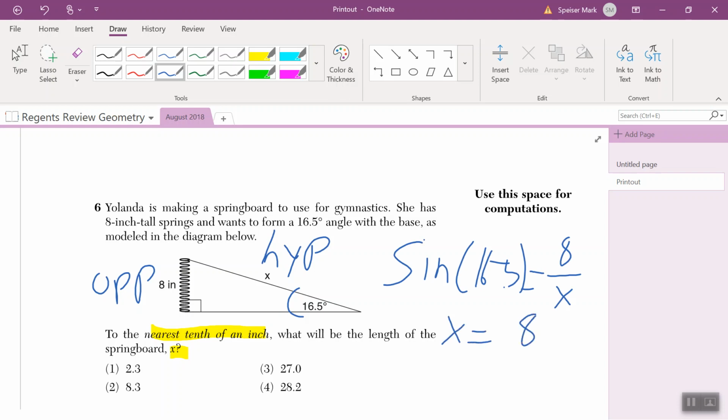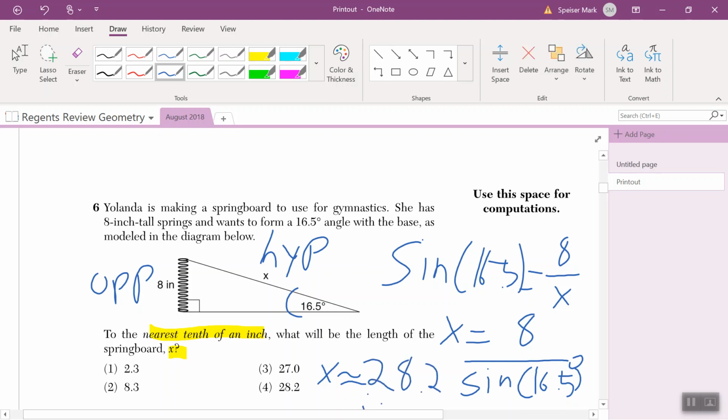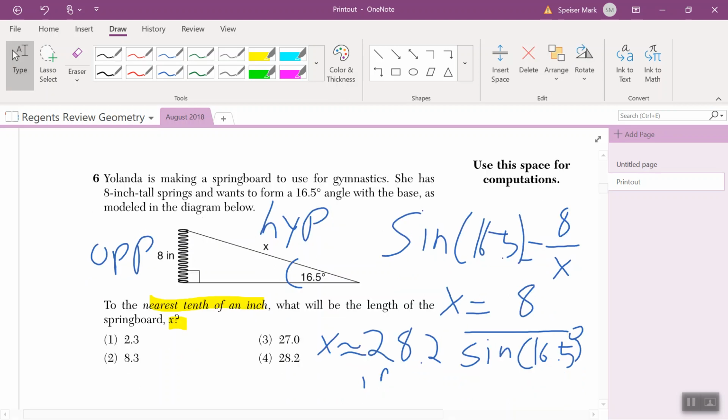So 8 divided by sine of 16.5, where x is approximately... Make sure your calculator is set in degrees, and you get 28.16 or 28.2 inches. It's choice number 4.